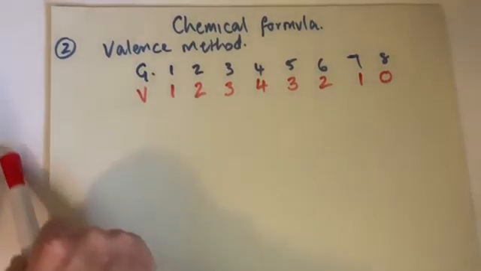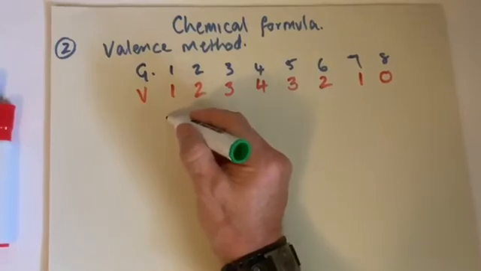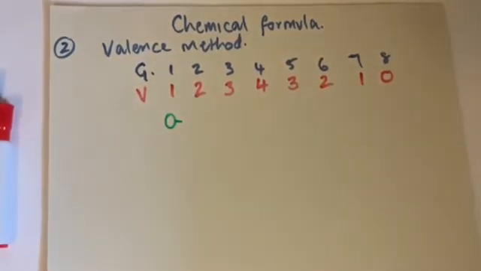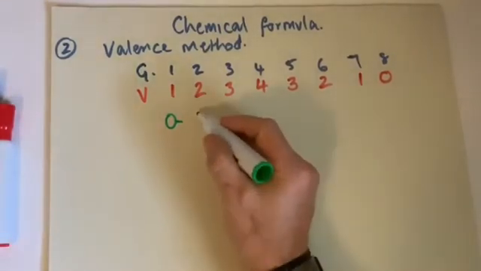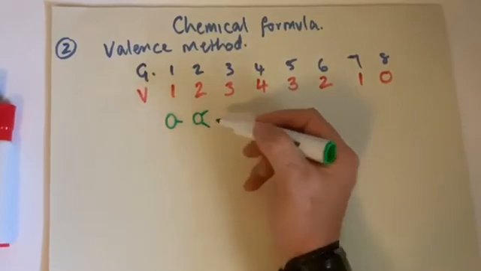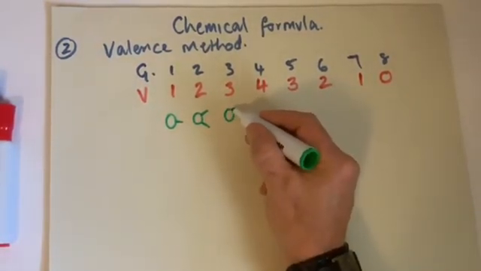Think of it in terms of arms. If it's in group 1, there's my element. It has 1 arm, so it can make 1 bond. If it's in group 2, it has 2 arms. It can make 2 bonds. Group 3, 3 arms.